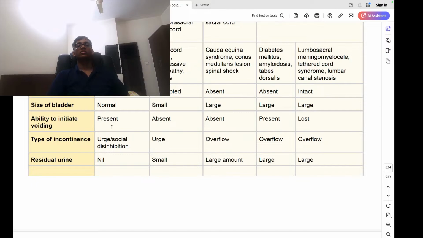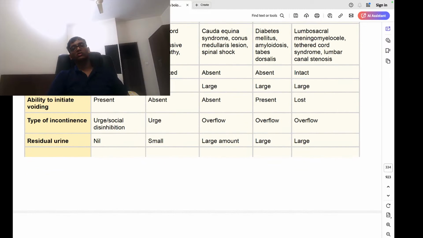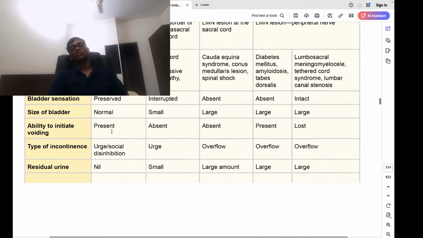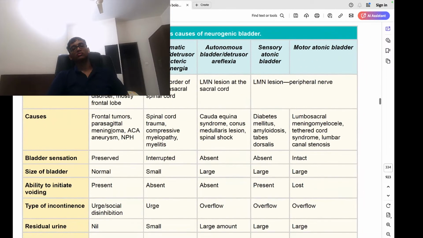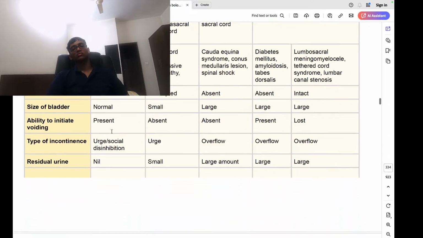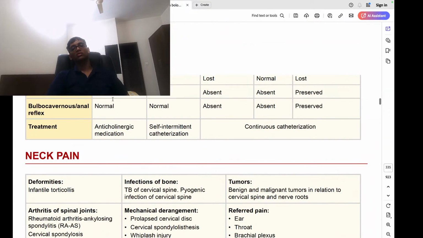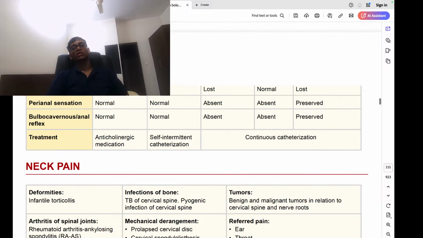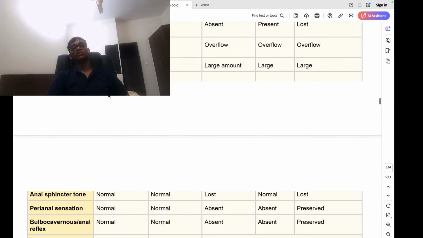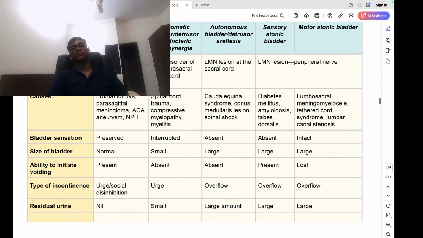Ability to initiate voiding is present. Type of incontinence is urge or social disinhibition. Residual urine is nil. Treatment is anticholinergic medication. Bulbocavernosus reflex, perianal sensation, and anal sphincter tone are normal.